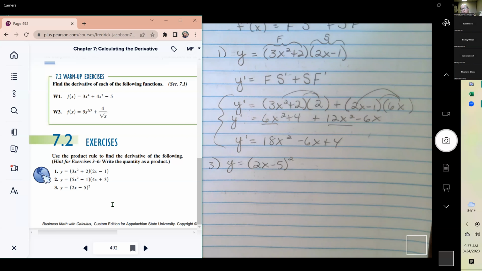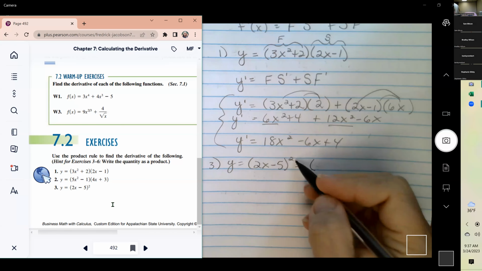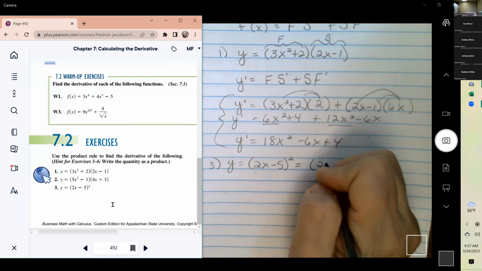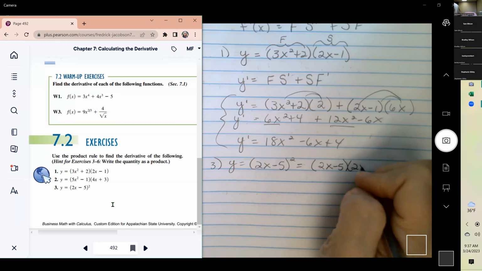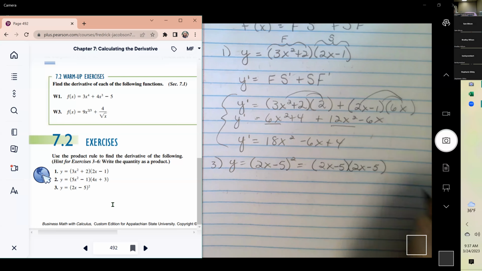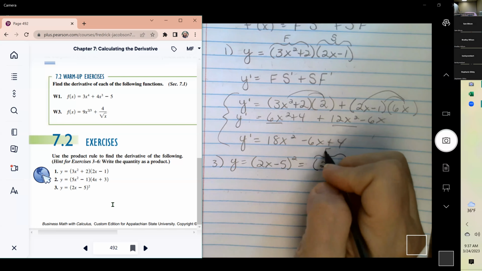There is a power rule, but we don't get into it, or a chain rule. But we can rewrite it as a product because remember, squared means to take the binomial and to multiply it by itself. So then you have the first and the second.